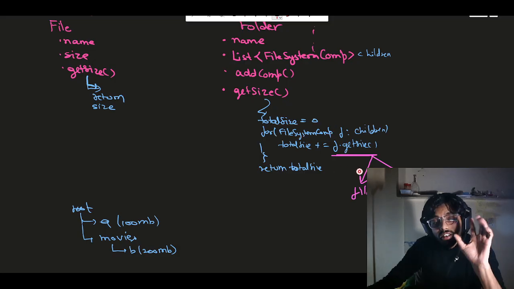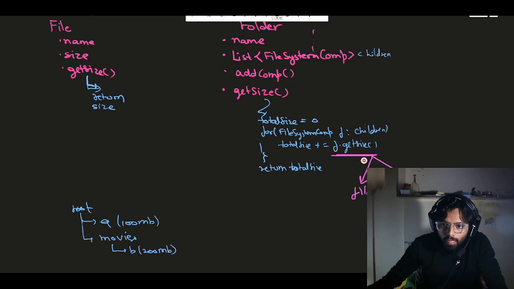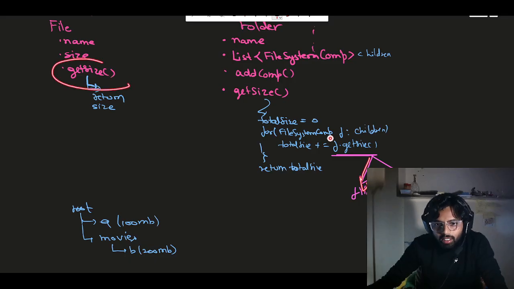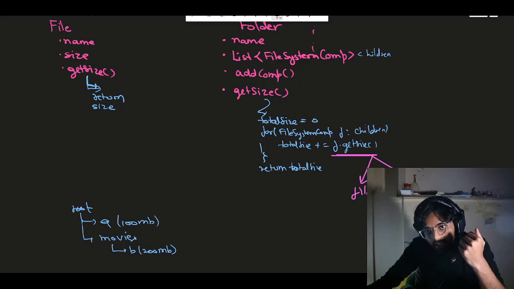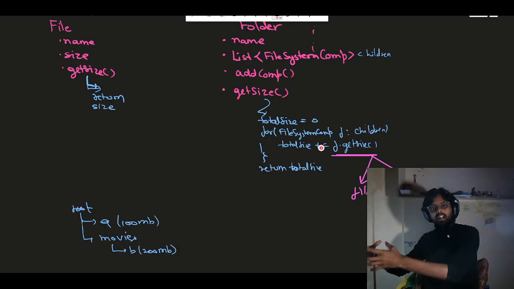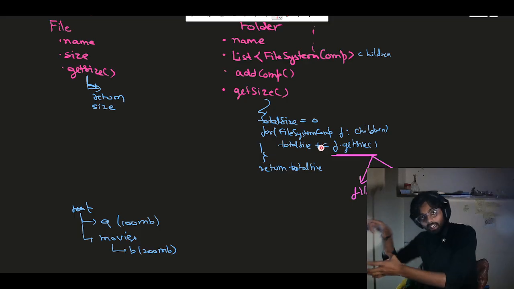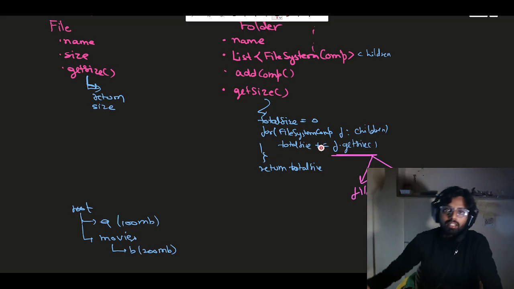Here comes the recursion. If this is a file, then this method will be called and its size will be stored in the total size. But if it is a folder, then again this method will be called, and recursively it will calculate the size of the children, and then return the total size.